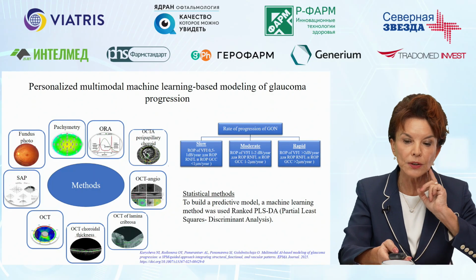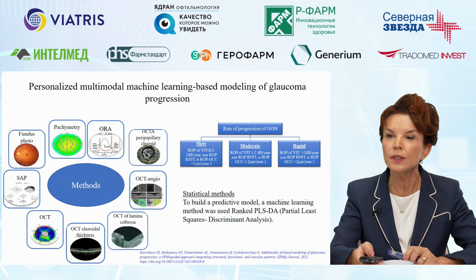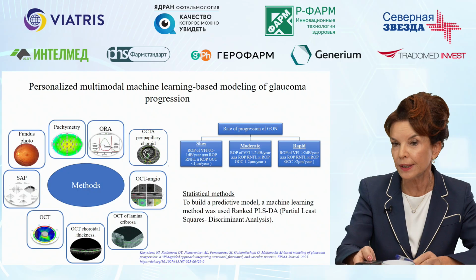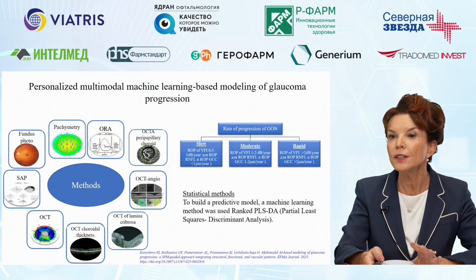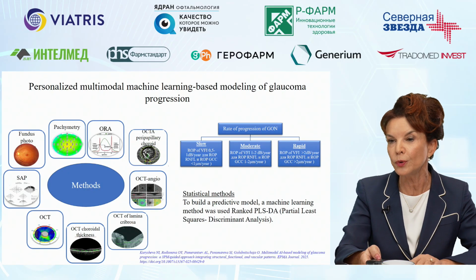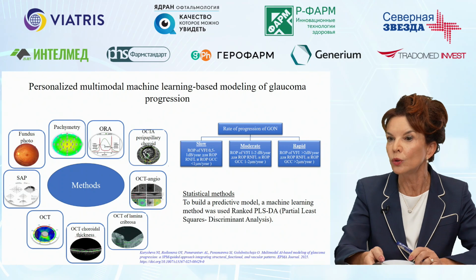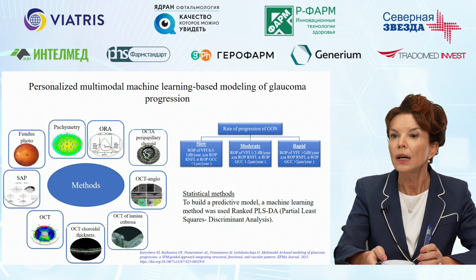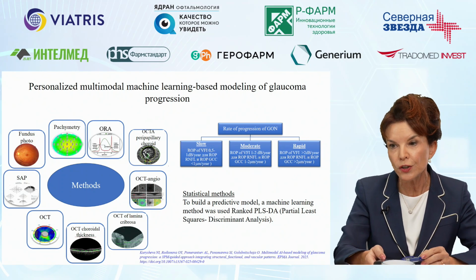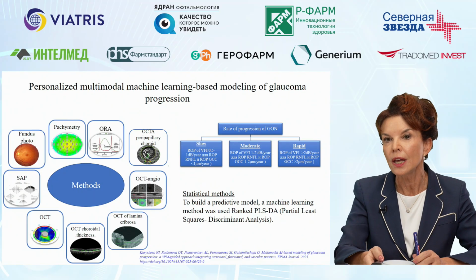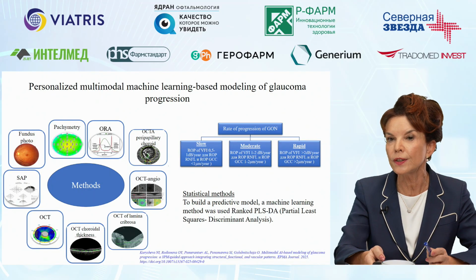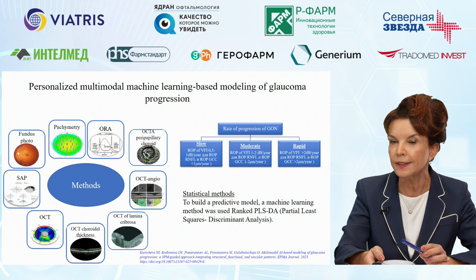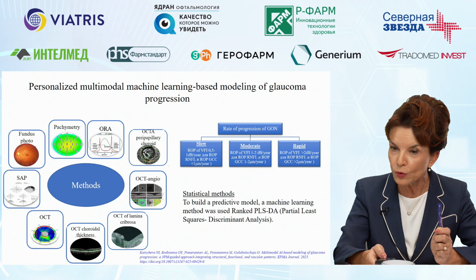Our goal is to develop such a model, and we divided patients into three groups depending on the speed of progression according to the standard model. In this study, we used modern methods of deep learning, discriminant analysis on the basis of partial least squares, and OCT angiography.